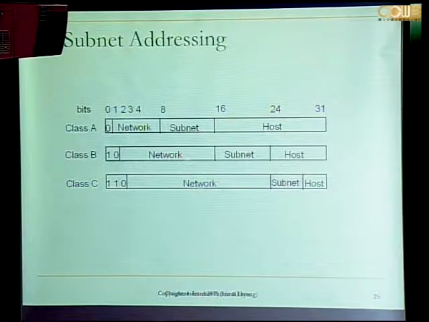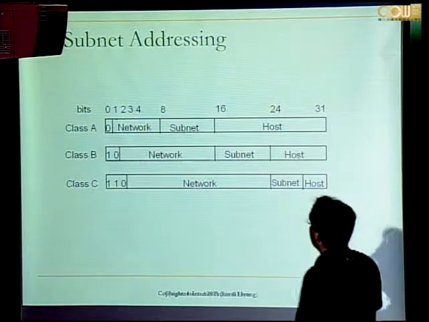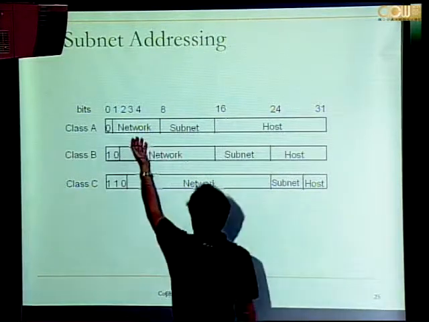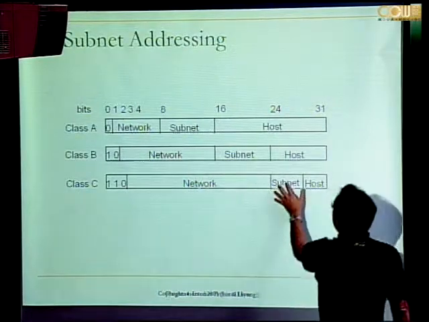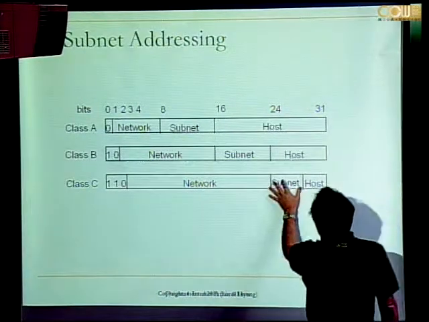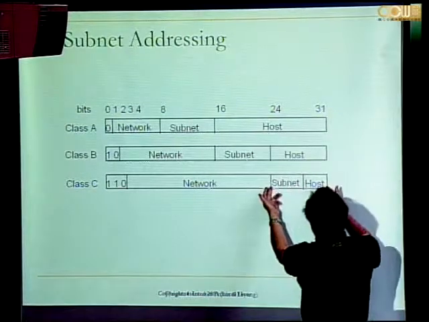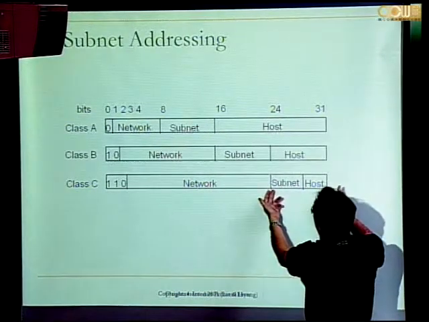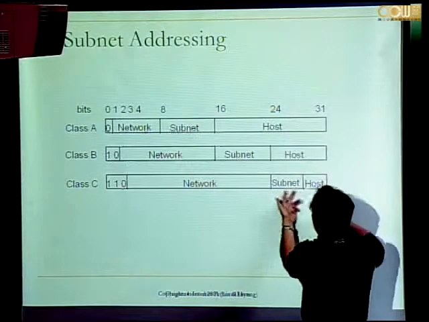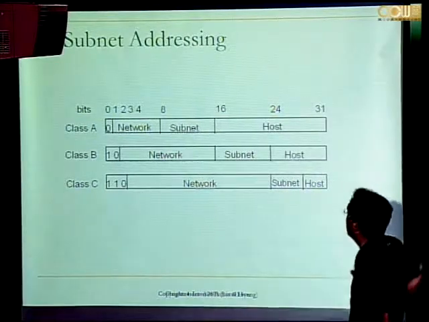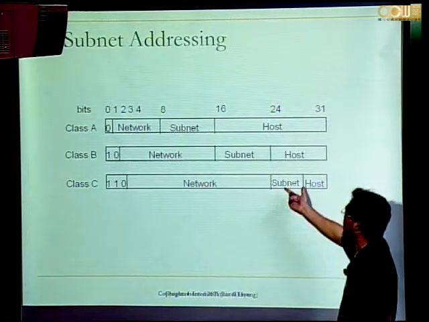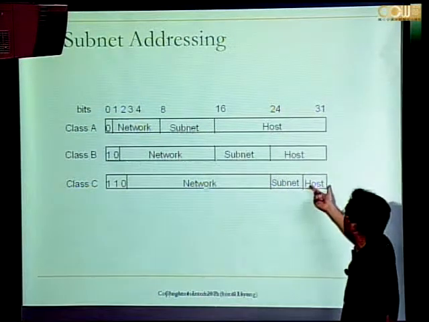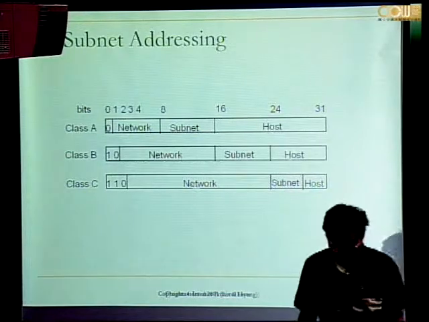So you can do partition within class A. You do partition in class B. Even in class C, you can partition too. So you have only an 8-bit host number, but you could further divide it into a subnet. So you can use, say, 4 bits as the subnet network address, and the other 4 bits as the host number.